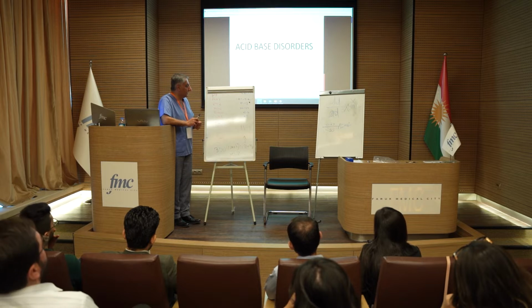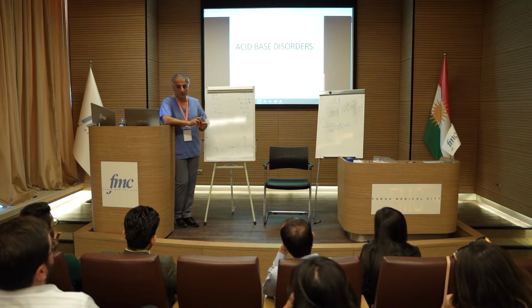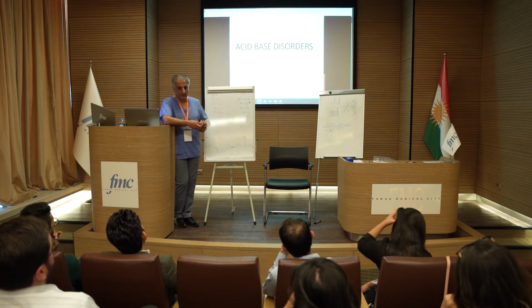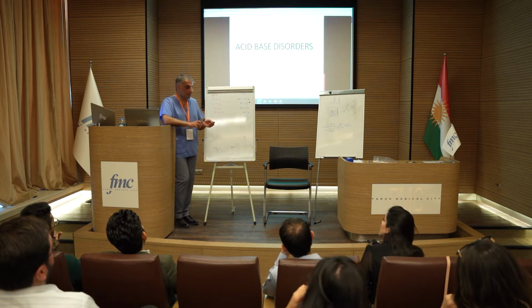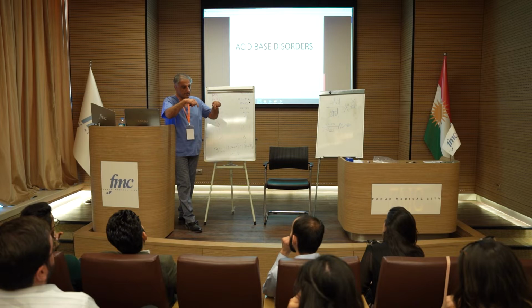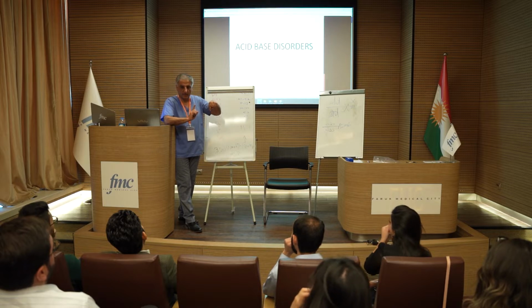Now there are different approaches to interpreting the blood gas. Some people will say, if the pH is down and the HCO3 is down, that's metabolic acidosis; if the pH is down and the CO2 is up, that's respiratory acidosis, and so on.